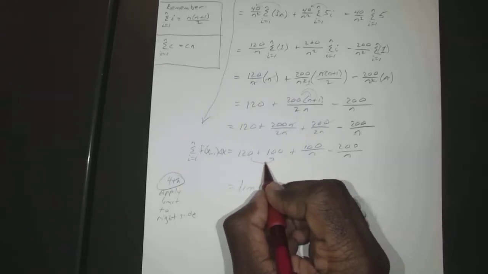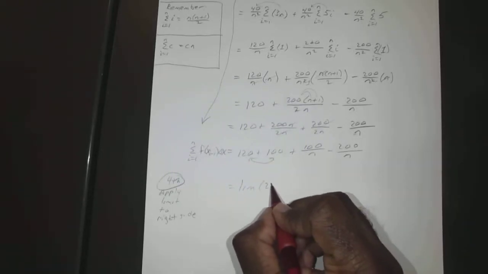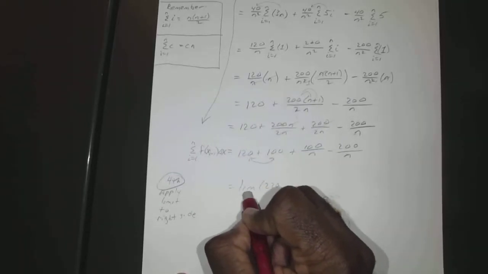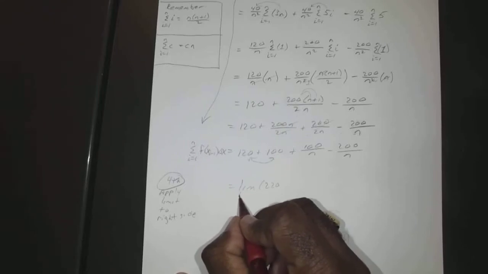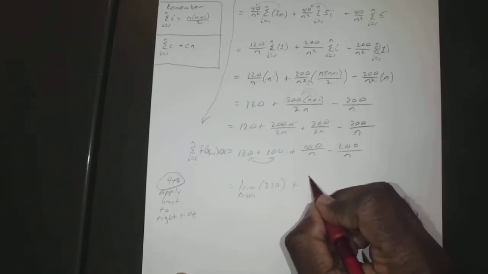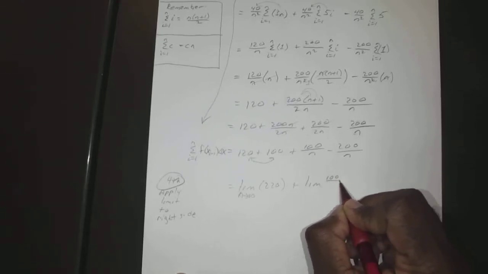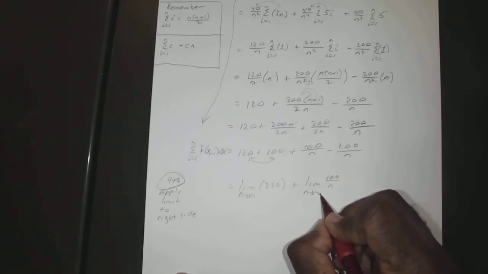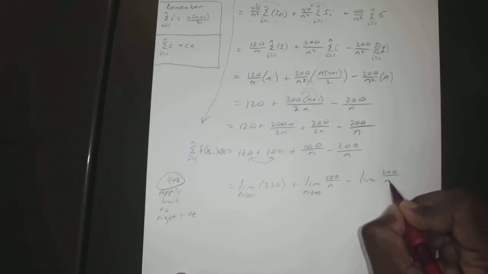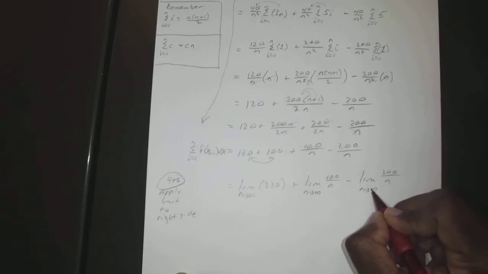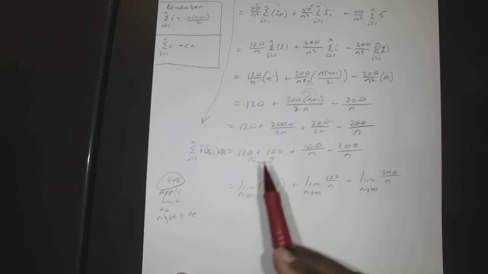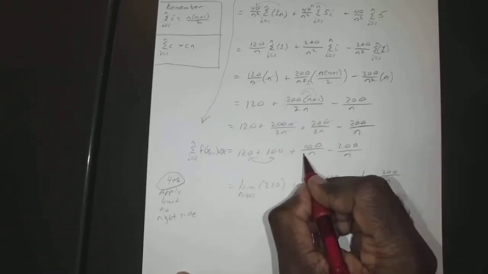You can combine those two and just make the limit of 220 as n approaches infinity, plus the limit of 100 over n as n approaches infinity, minus the limit of 200 over n as n approaches infinity.